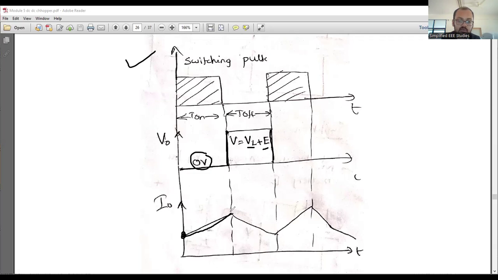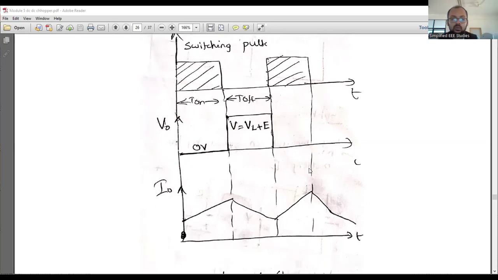So whenever the switch is off, the energy which is stored in the inductor is getting released, thereby the inductor current is getting reduced. Like this, you can draw, correct? So this is what exactly happens whenever the switch is on and off. This waveform is very essential to analyze the circuit. Okay, basically this converter will act as a step-up converter or a chopper, step-up chopper.